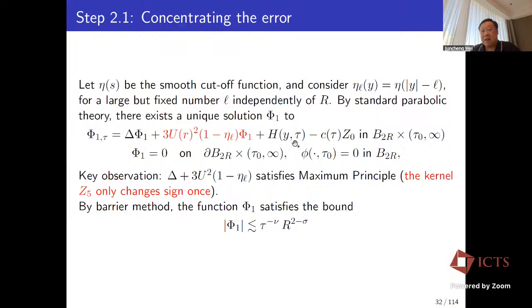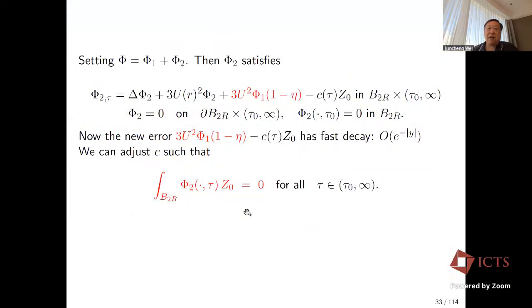Laplace equals this, so you get this phi 1, and then you set phi as phi 1 plus phi 2. Then phi 2 will satisfy the linearized problem, but now this will have faster decay because of the cut of u squared, and the new error will have faster decay, and we can adjust so that this is orthogonal to Z0.